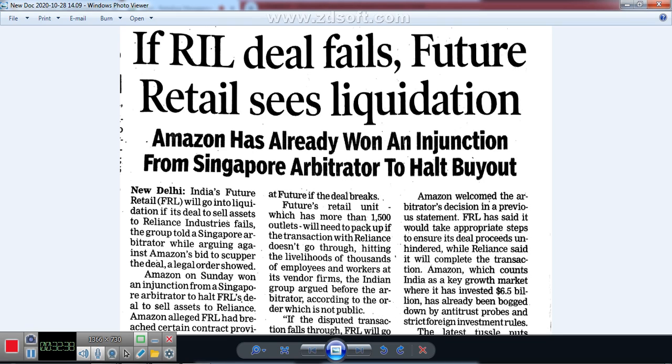Both companies specify terms and conditions that neither Amazon nor the Future Group will deviate from, and they will follow the conditions specified in the contract.